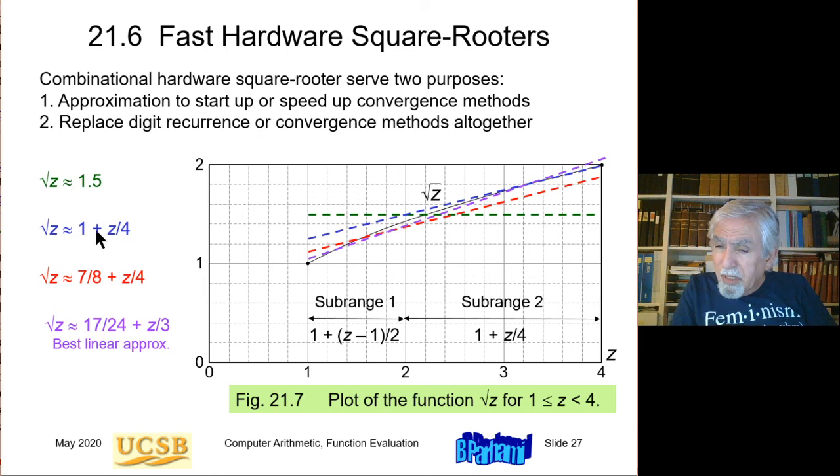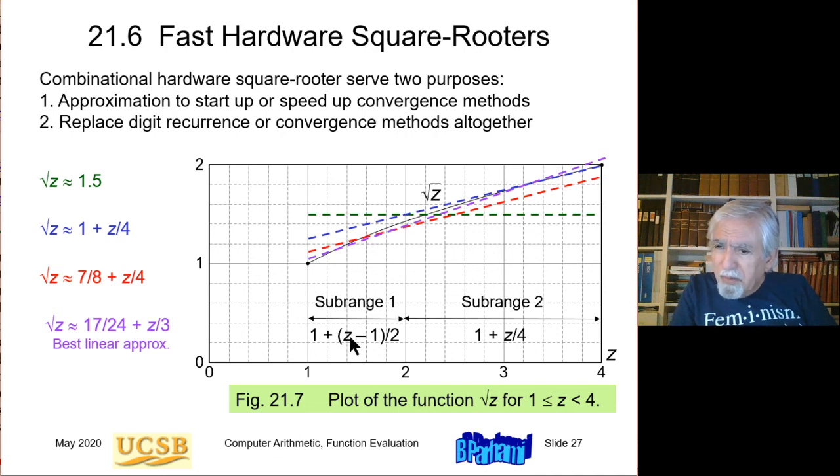Before, I used 1 plus z over 4 for the entire range. That's why the error was rather large. If I use this approximation only for this range 2 to 4, okay, the error is better. So the blue line only from here to there.